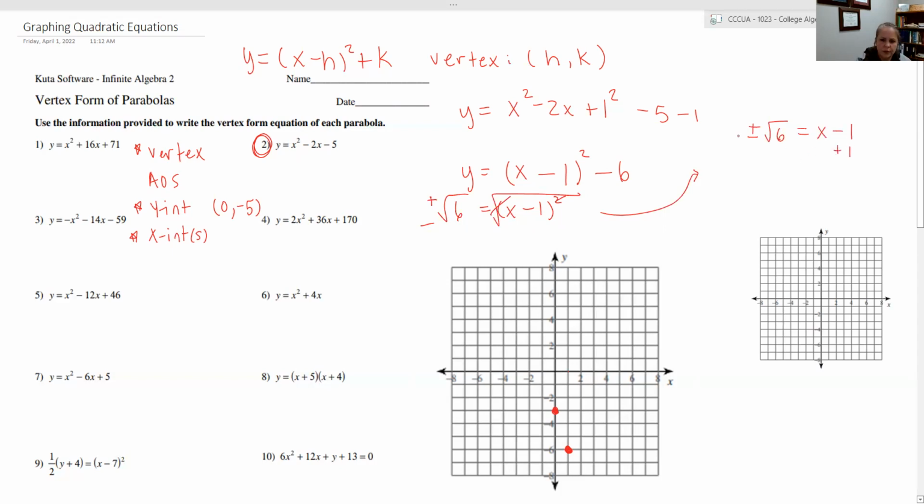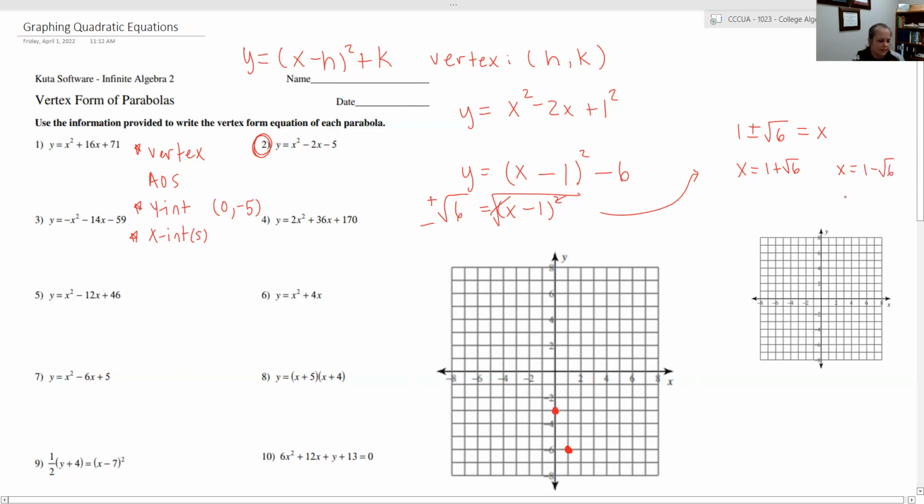And when I add that 1 to both sides, I get that x equals 1 plus or minus the square root of 6. That is x equals 1 plus square root of 6, and x equals 1 minus the square root of 6.